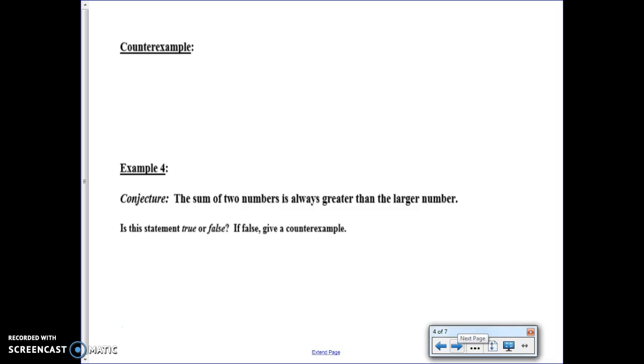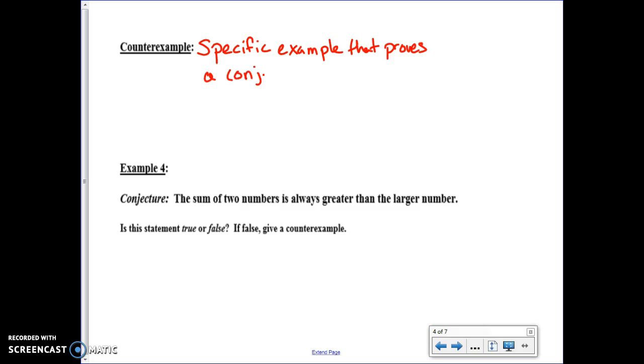Then we have this vocab term counterexample. A counterexample is a specific example that proves a conjecture false. So going back to our previous example, we need a specific example.